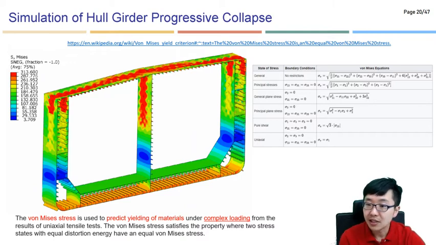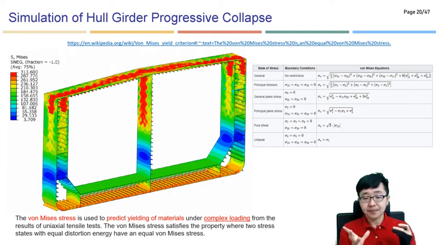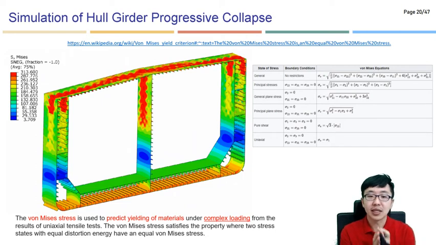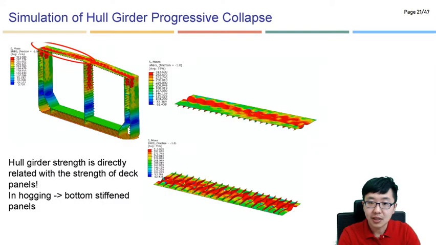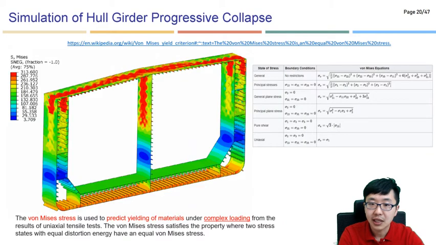The definition is: von Mises stress is used to predict yielding of the material, yielding of the structures under complex loading applied. Because if you want to understand this, let's say we have applied stress X, for example, stress X, like here.